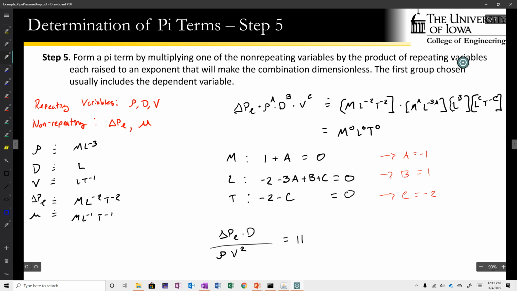This is defined as pi 1, our first dimensionless group, and this should look familiar from Friday's lecture. So we go through this process for each of the variables in our list of non-repeaters.